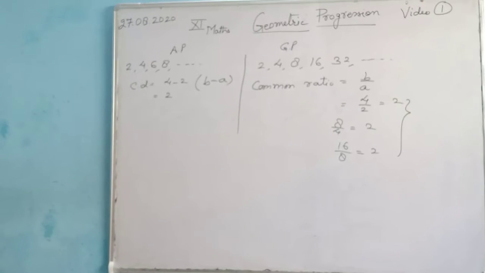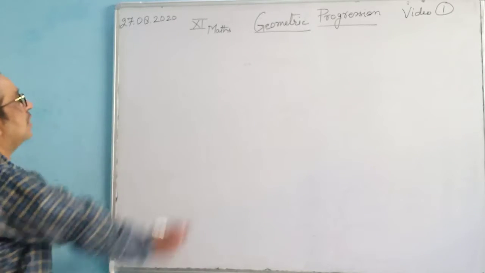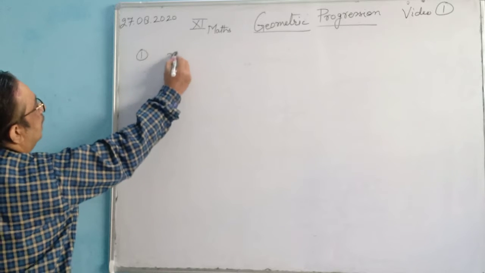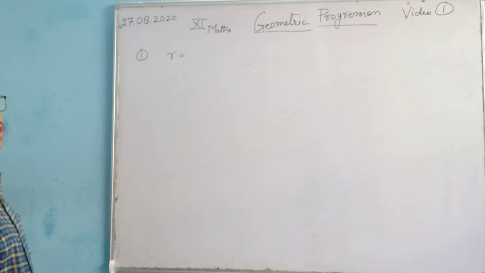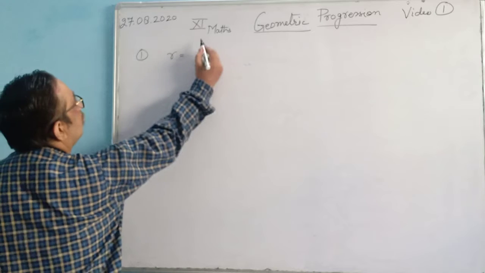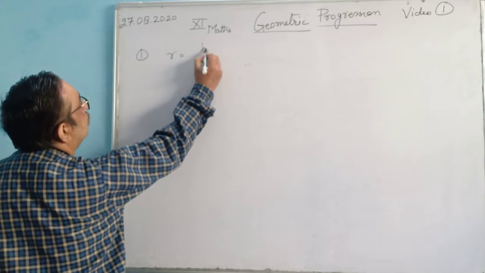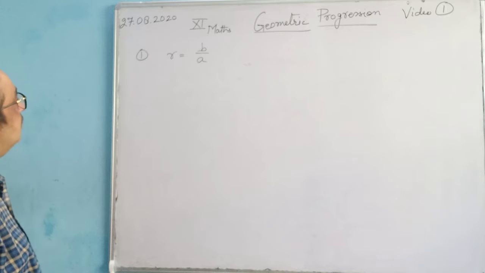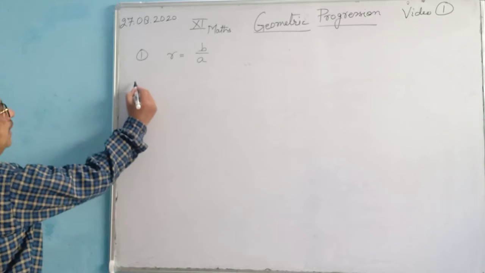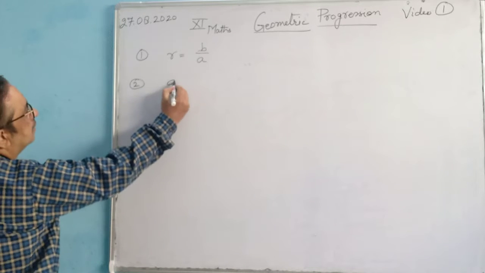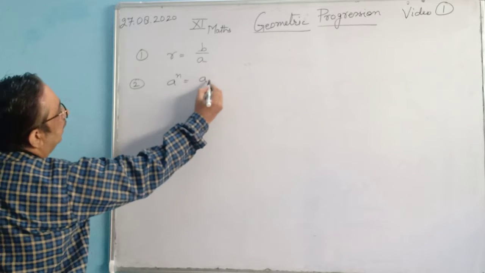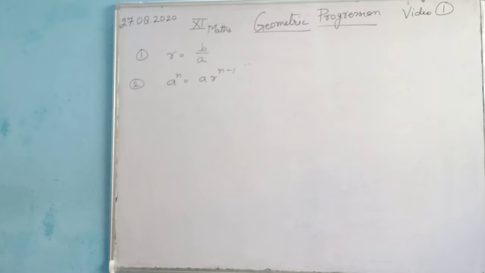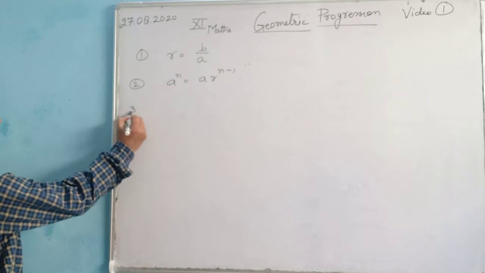This point is clear? Okay, now discuss some formulas. First formula is r. r means common ratio, and this common ratio equals second term upon first term. Next is nth term: a r raised to the power of n minus 1. This is the nth term.